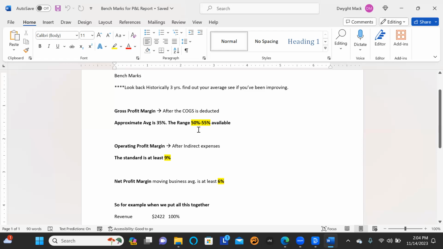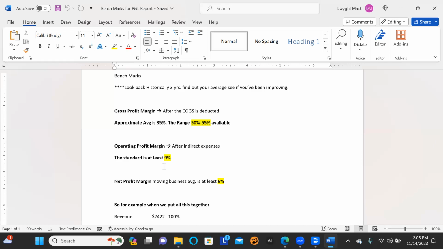And your general expenses is what keeps your lights on: the utilities, your electric bill, your warehouse expense, your internet expense, your administrative payroll, your payroll, marketing. So that's going to be your general expenses. After all of your indirect expenses, you should have at least 9% left over or so.